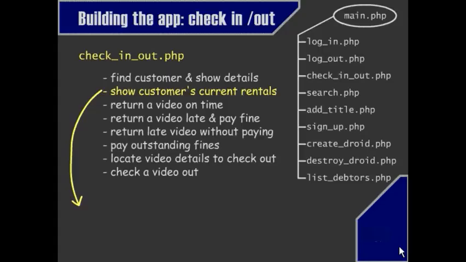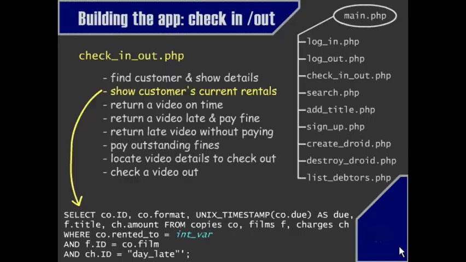If we wish to view the customer's current rentals, and this will, in terms of the application, be part of showing the details of the customer. However, in terms of the SQL that we need to access information, it'll have to be a separate query. Let's take a look. Here we already know the customer ID.